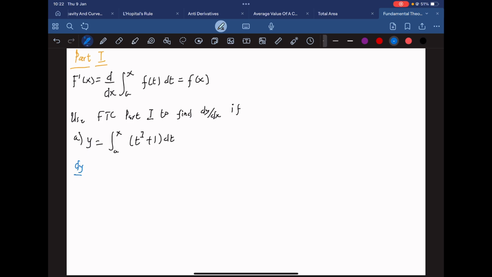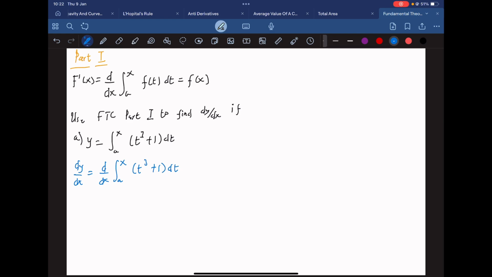We have dy/dx equal to d/dx, and our y was given as the integral from a to x of t cubed plus 1 dt.